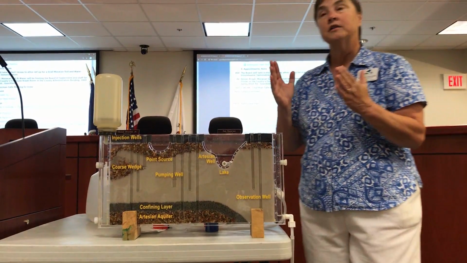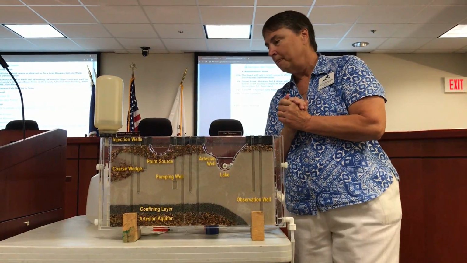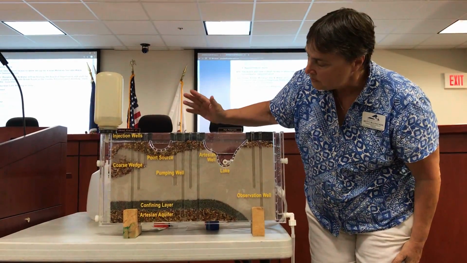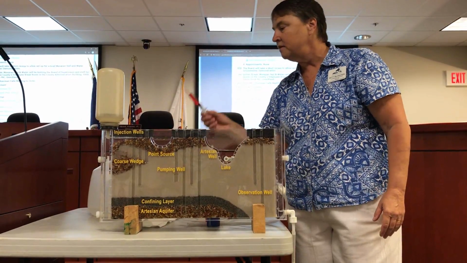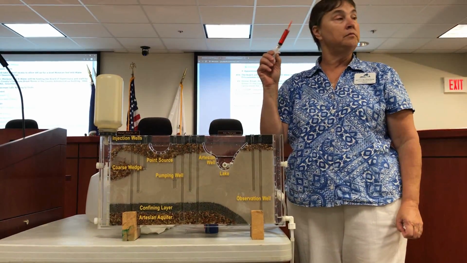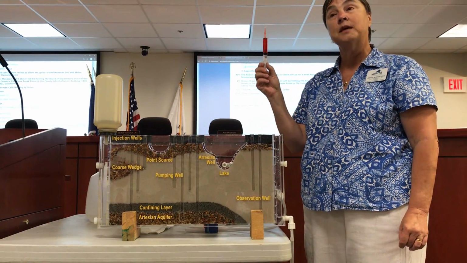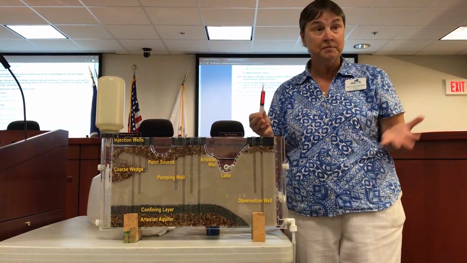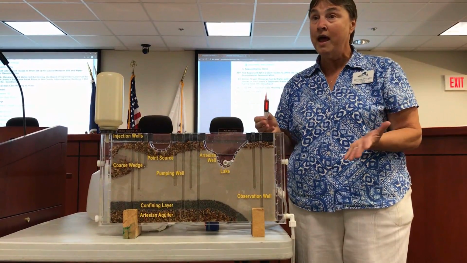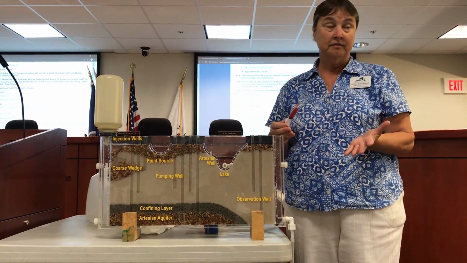So I want to talk about point source. We're going to have this red food coloring represent our septic water, okay? Then I explain to kids what a septic tank is, and if they have a well, then they have a septic tank.